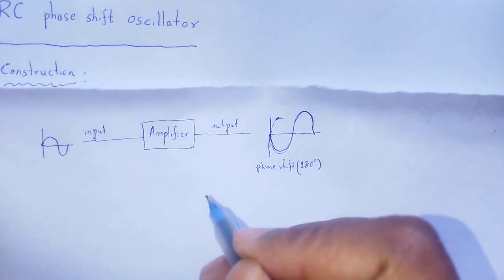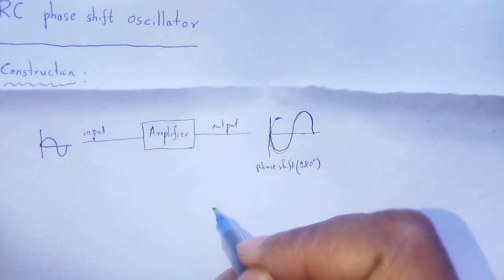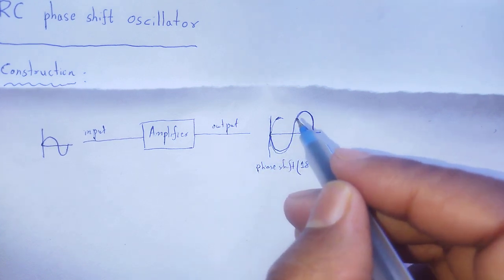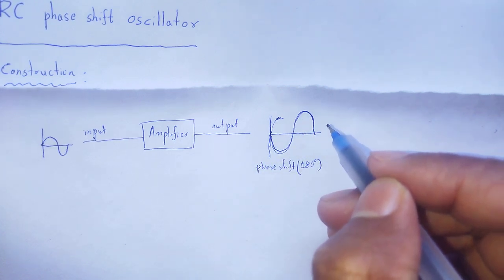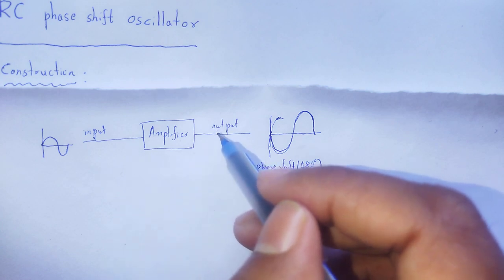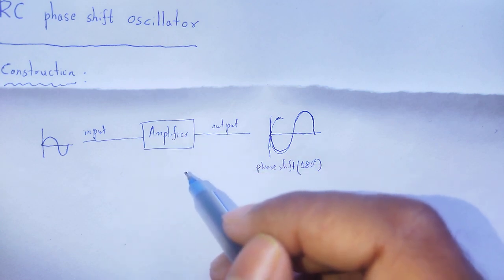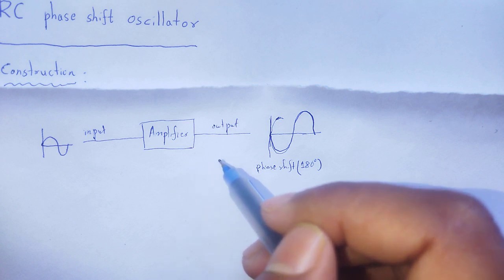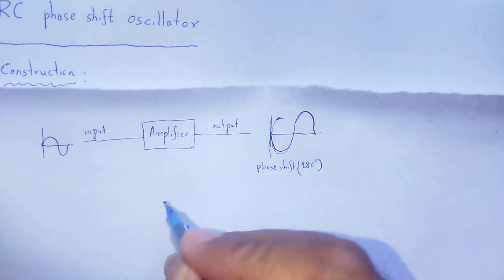According to Barkhausen's criteria, to obtain sustained oscillations, the overall phase shift around the loop must be either 0 or an integral multiple of 2π, meaning 360°.